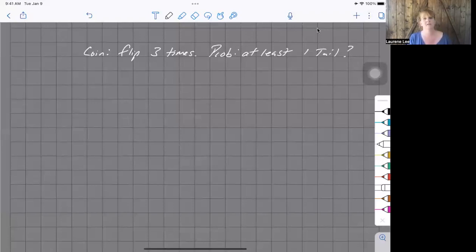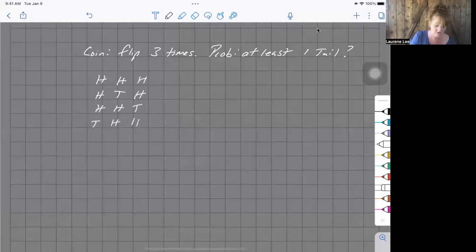Okay, so let's first look at the sample space. I could flip the coin and I could get all heads. I could flip the coin and get heads and 1 tail in the middle. I could get 1 tail at the end or 1 tail at the beginning. Those are all the ways that I can flip 1 tail because the order matters where that happens.